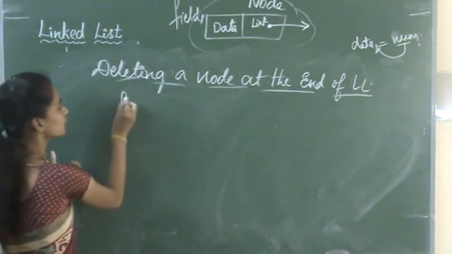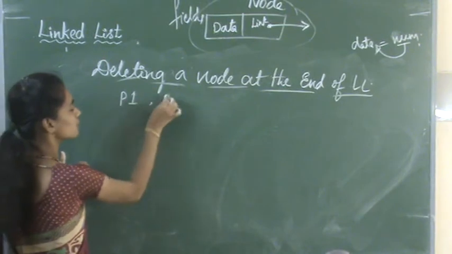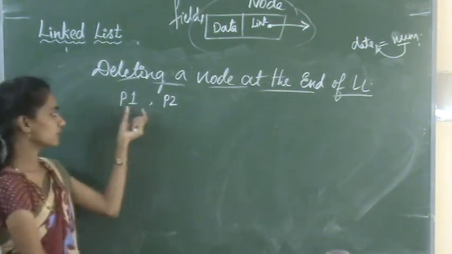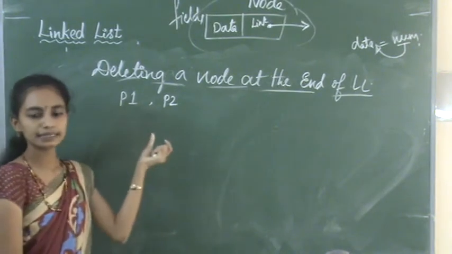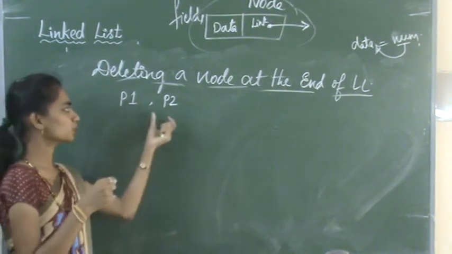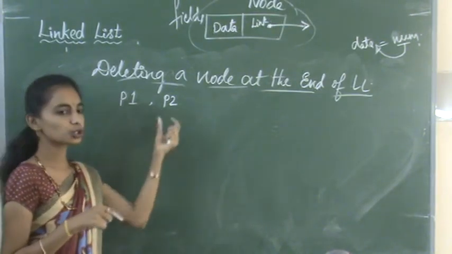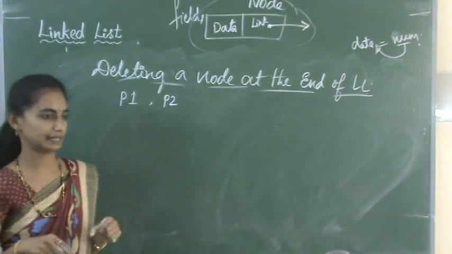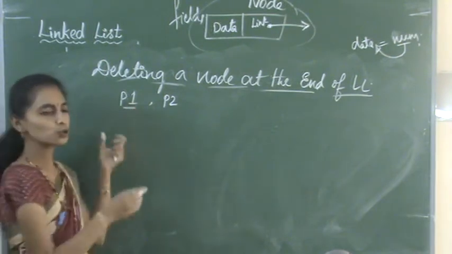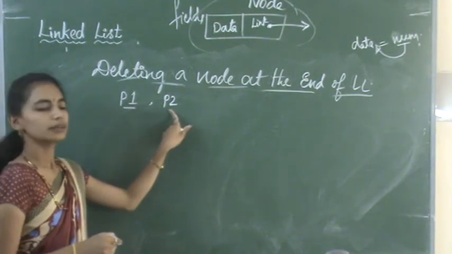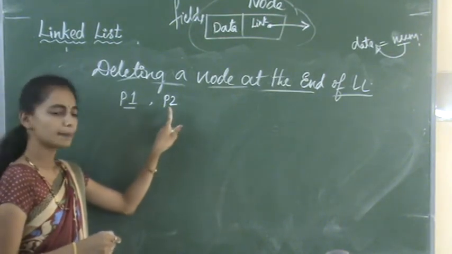Here we use two pointer variables, P1 and P2. P2 is used to traverse the linked list. P1 is used to store the address or location of the previous element of P2.